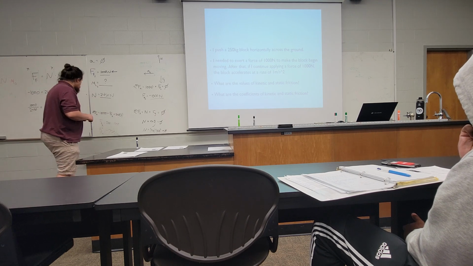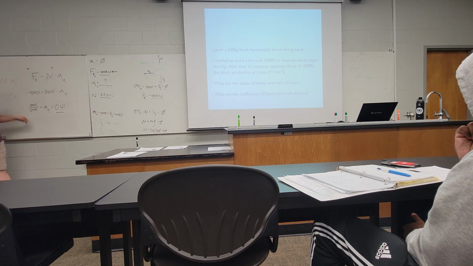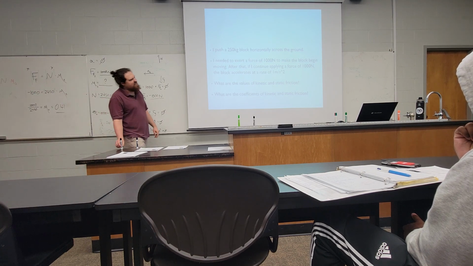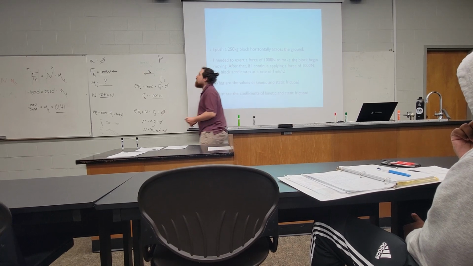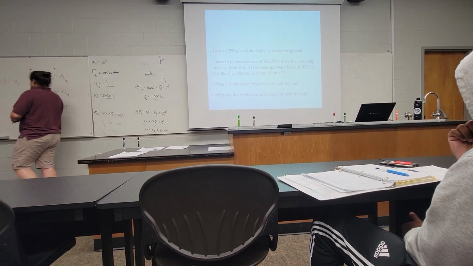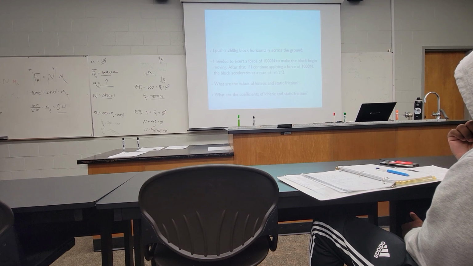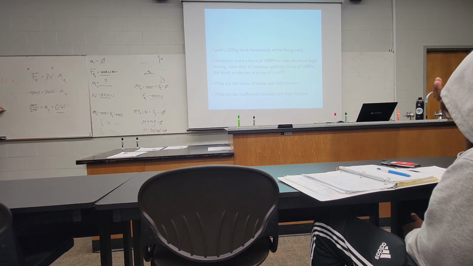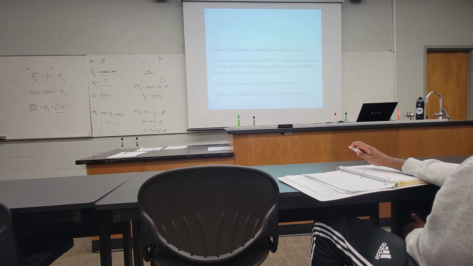Okay. Well, with that found, we can use the kinetic version of the friction formula to just figure out what the kinetic mu is. So that would be absolute value of negative 750 equals absolute value of the same normal force, because the y-axis didn't change at all, times mu k.